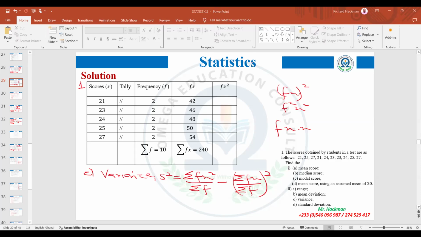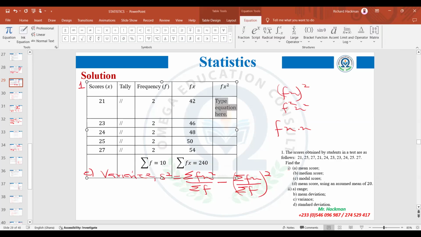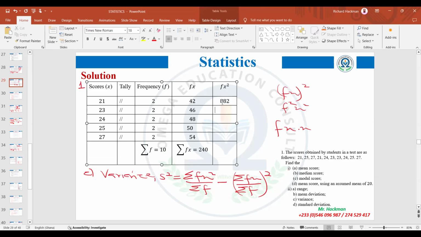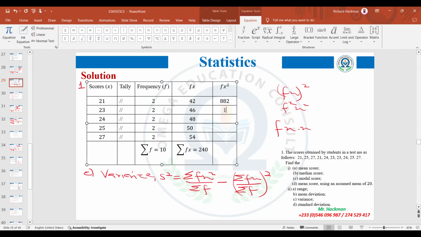Okay, so now help me do the products quickly. I'm relying on you. This times this. I need to type, I don't have to write, so let me go and type. I'm waiting. Hurry up. 882. Okay, here, let's go. 1058.